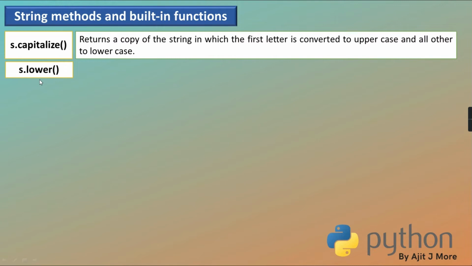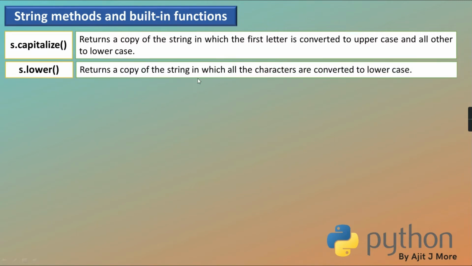Next is s.lower. It will also return a copy of your original string, but in which all the letters are converted to lowercase. Those which are lower will remain lower, and those which are upper are also converted to lower. Those which are not letters are kept as they are, like spaces, punctuation, digits, and special symbols. Whatever the letter part is, that is converted to lowercase.